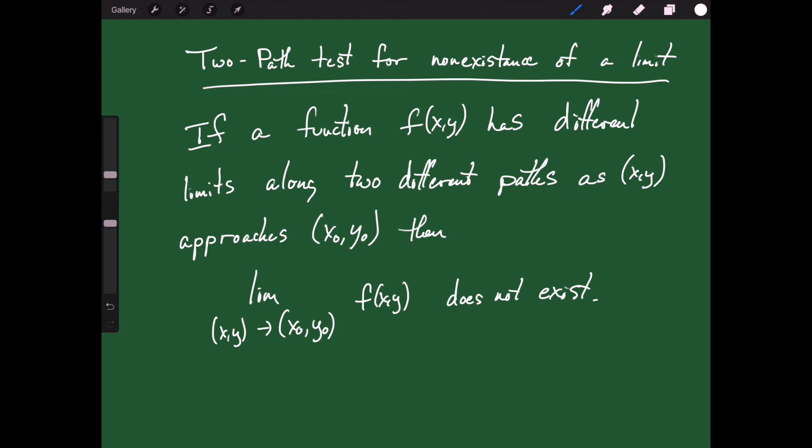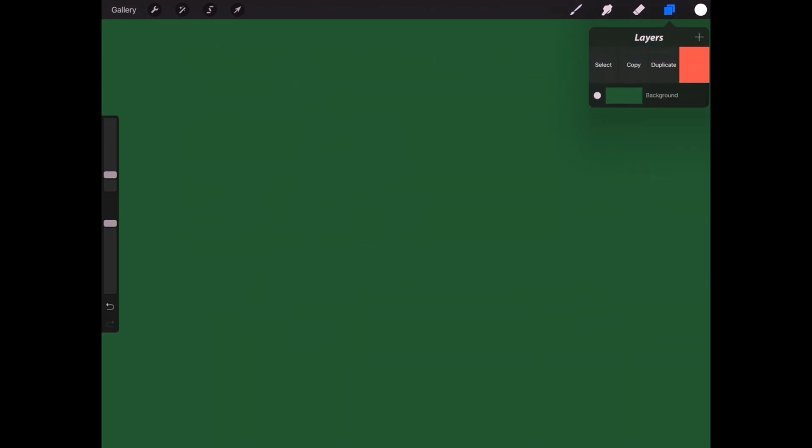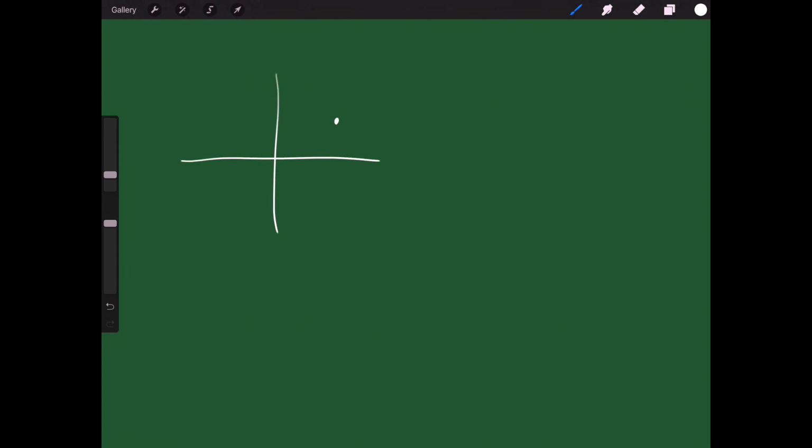Okay. So let me draw a picture of this just to show you. Let's say that I have a point in the xy plane. It doesn't really matter. And I want to know what happens as we get close to x0, y0. I'm walking along one path, and as I'm getting close from this direction, my functional value is getting close to 2. But as I walk at this point from this direction, the functional values are getting close to 3.